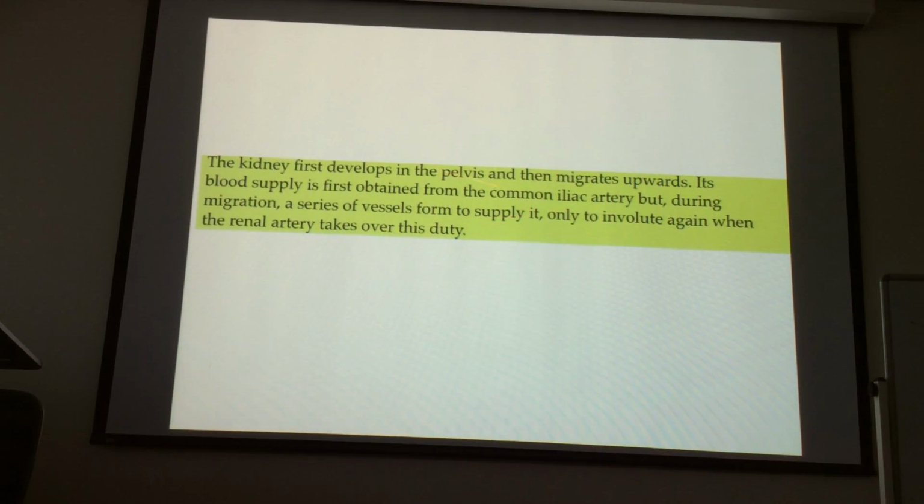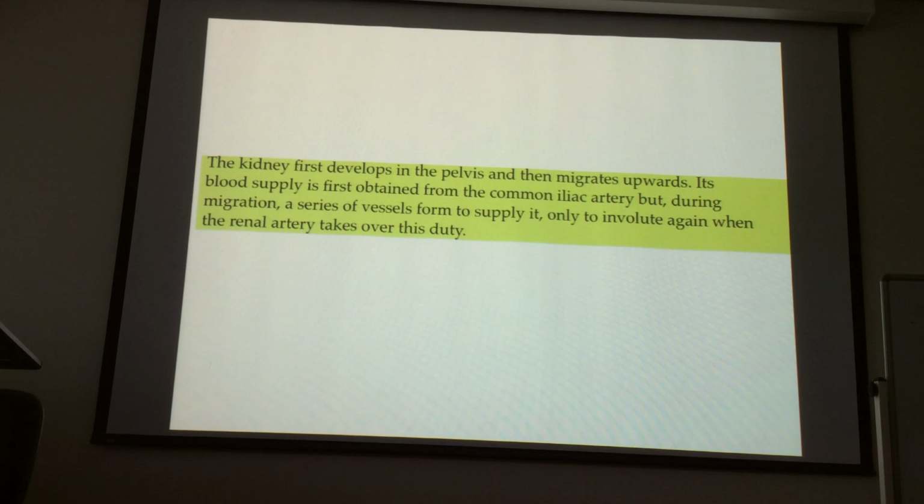Now, this statement, please be reminded. Kidney starts its journey from the pelvis. Then it's ascending up. So its blood supply first is coming from the common iliac artery. But during migration, a series of vessels form to supply it, until the renal artery takes over this duty.